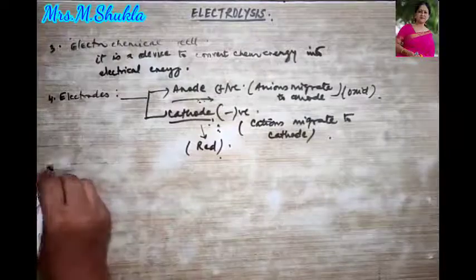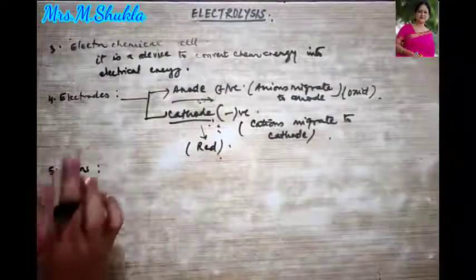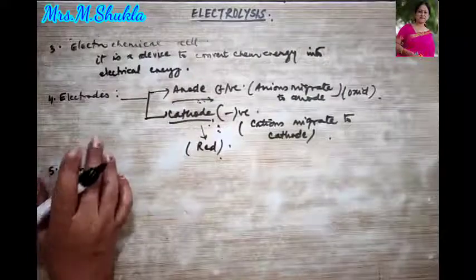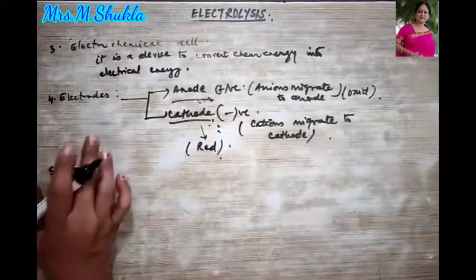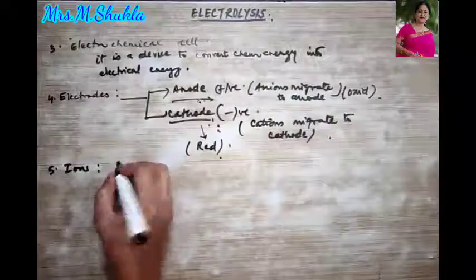Next we come to the new word, ions. What are ions? These are atoms or groups of atoms which carry positive or negative charges. These are called ions.